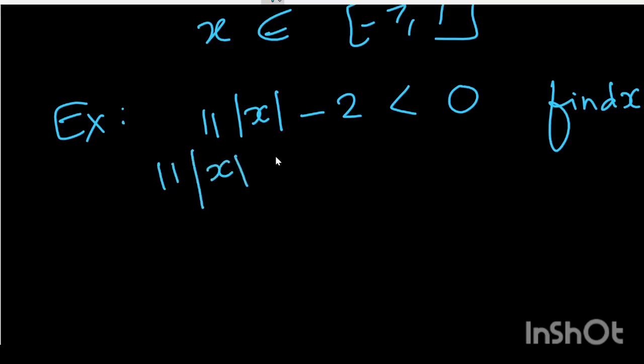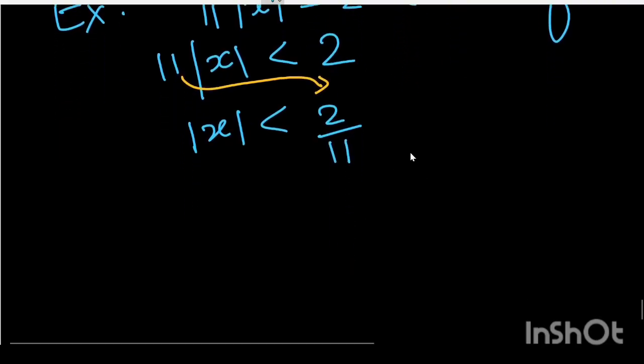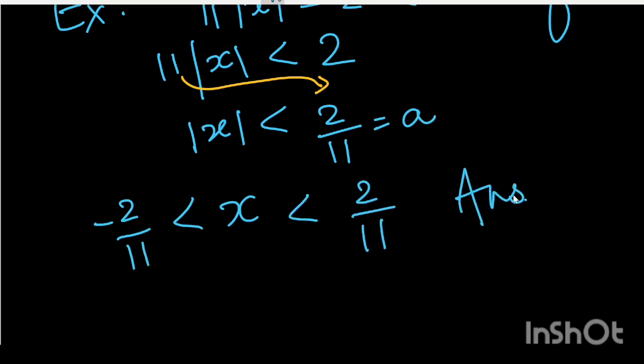You will take minus 2 to the right hand side, it becomes plus 2. 11 we will take to the right hand side as denominator, so this becomes 2 by 11. So 2 by 11 is a, mod x less than a, x is minus a which is minus 2 by 11 to plus a which is plus 2 by 11. That is the answer guys.